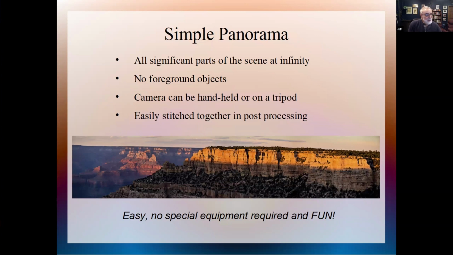So basically, a simple panorama is where all the significant parts of the scene are basically at infinity, and there's no foreground object. So you really don't have to worry about the foreground moving differently than the background.